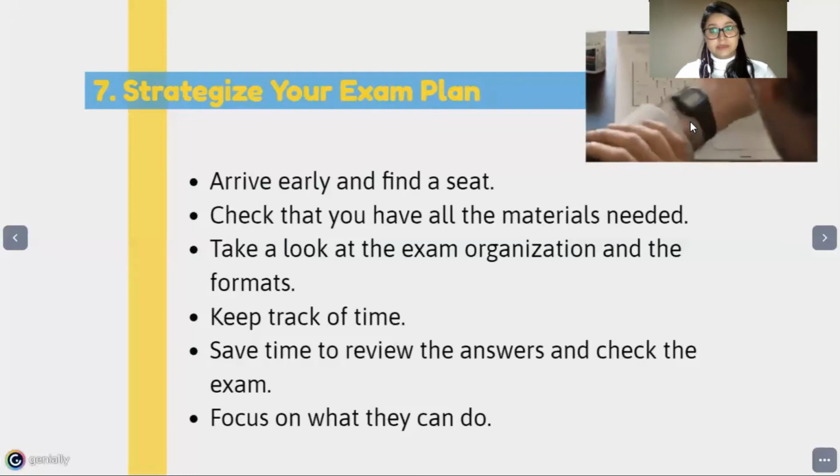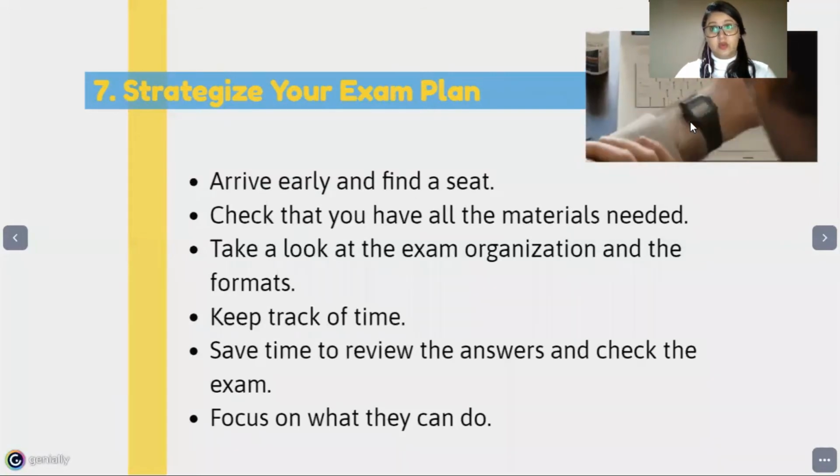Another important aspect here is that they need to keep track of time and they need to distribute the time appropriately. So focus on those sections that have more value or that have more difficulty, and save time for those sections.